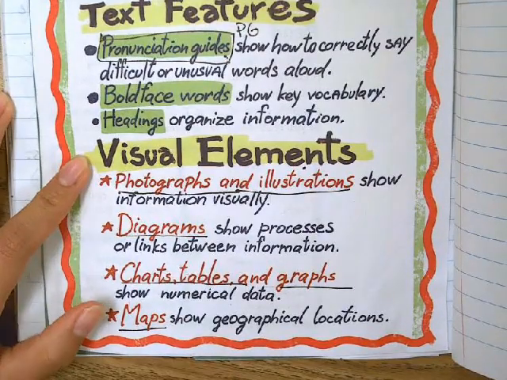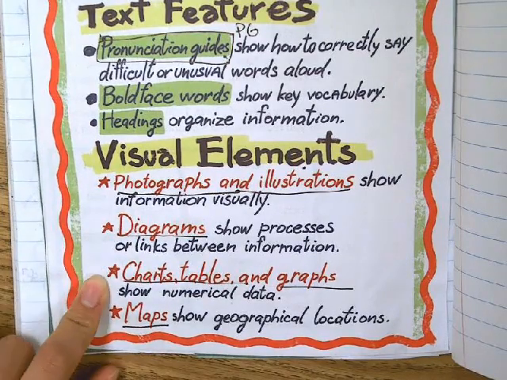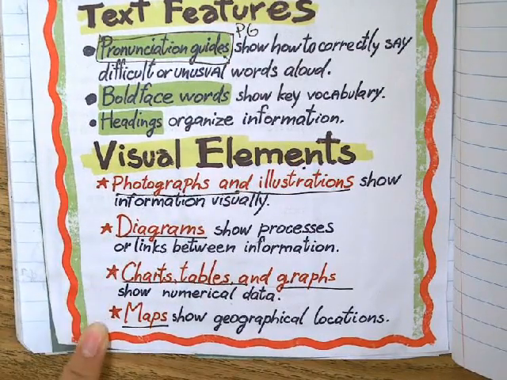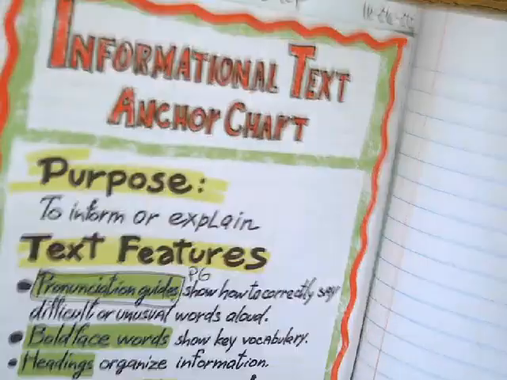They're giving us information. Visual elements, we have photographs and illustrations. We have diagrams. We have charts, tables, and graphs, and we have maps. So make sure you cut and paste that. And then we started our picture walk for Life at the Top.